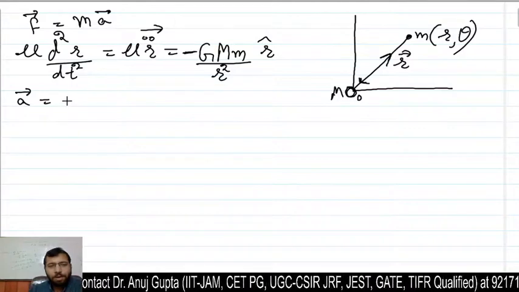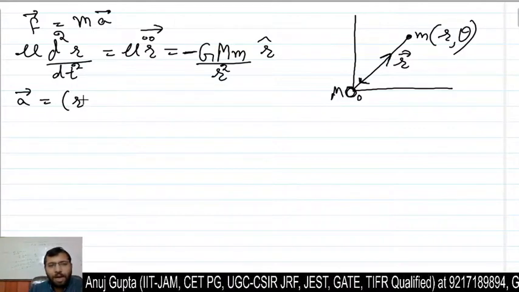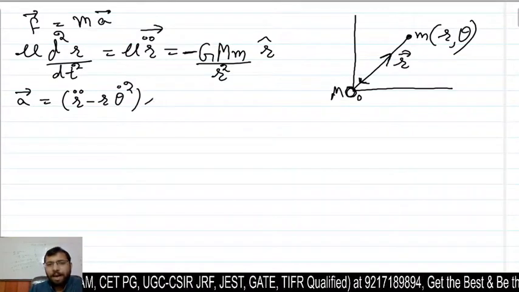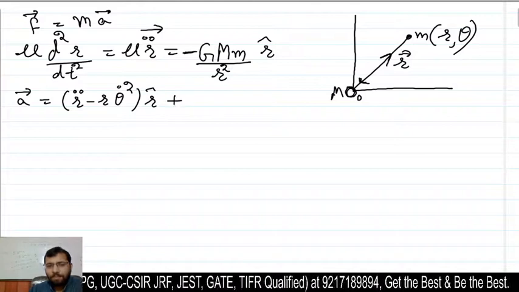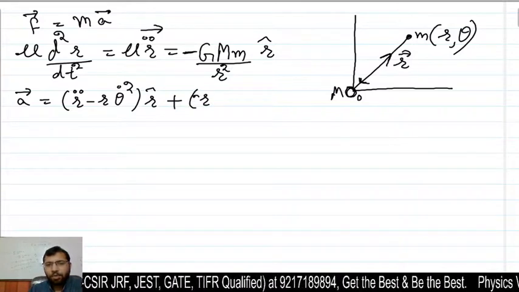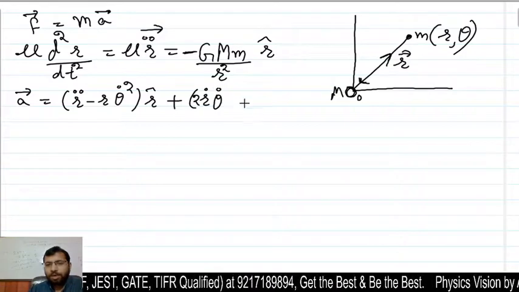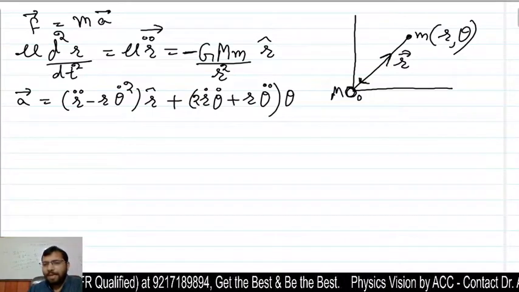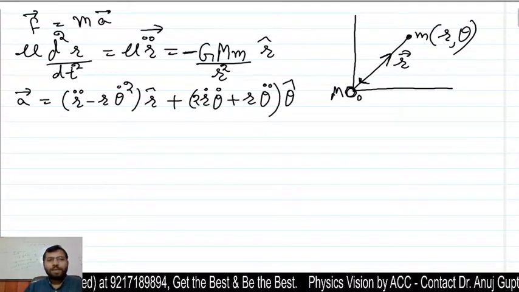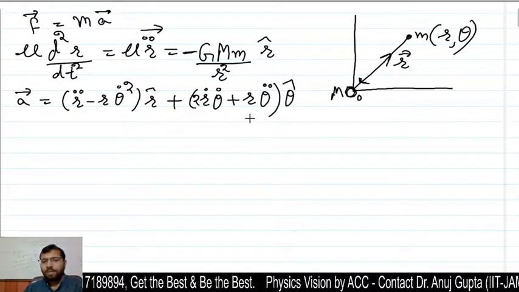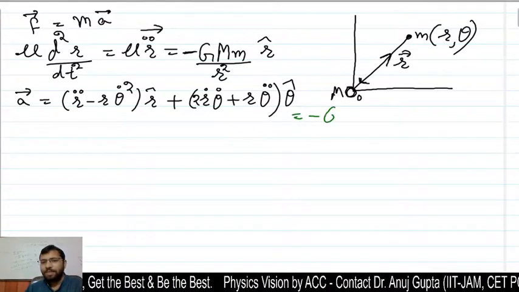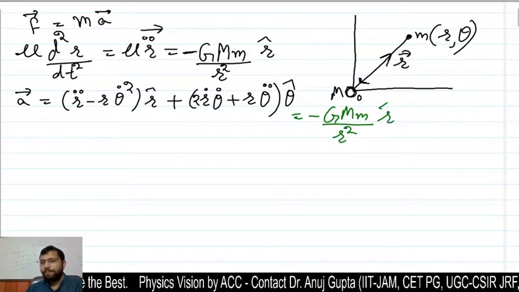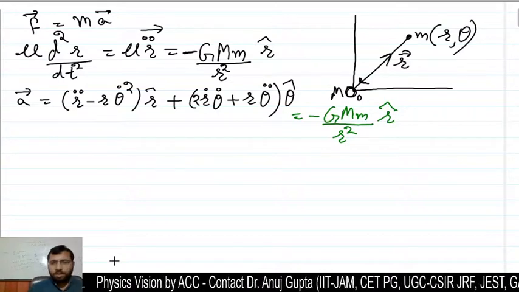What was its value? Its value was r double dot minus r theta dot square r cap plus 2r dot theta dot plus r theta double dot theta cap. Okay, this was the value. This is equal to the thing on the right hand side, minus GM upon r square r cap. Okay, so this is what we get.